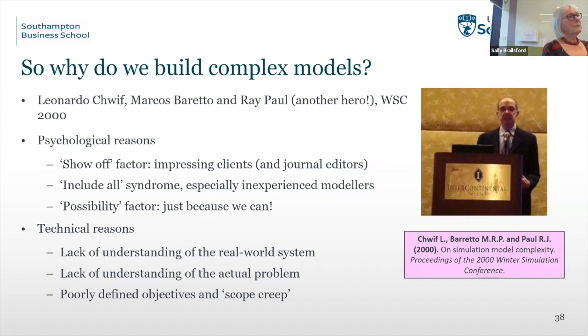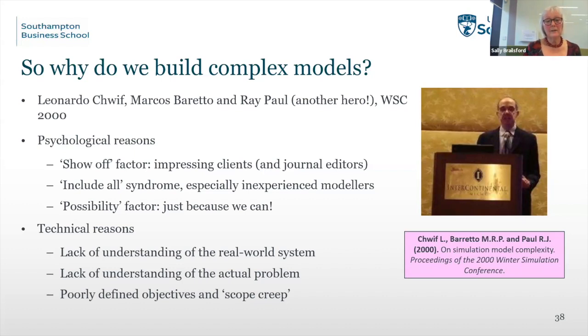And you say, well, yes, I know they might be clinically important, but are they actually important to the problem we're trying to solve? I think if you're less experienced, it can be tempting to include everything because your clients, your stakeholders tell you to. And of course, because software is so fantastic these days, it's so tempting just to add stuff in because we can.